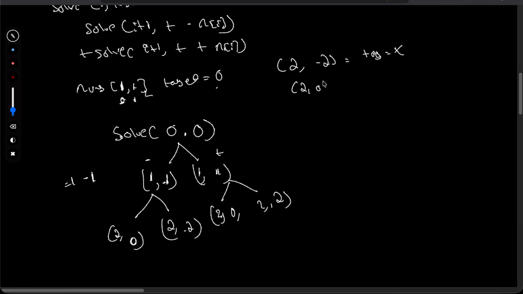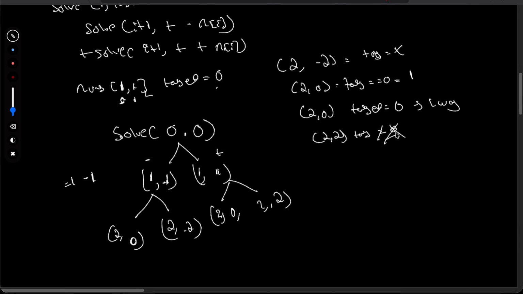So 2 comma 0, its target is equal to 0, so there is one way. 2 comma 2 is not equal to target, so it's not an answer. Okay, so there are two ways, so the answer is 2. From this side one way and this is one way.